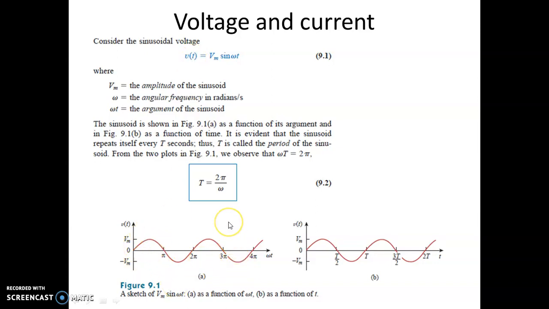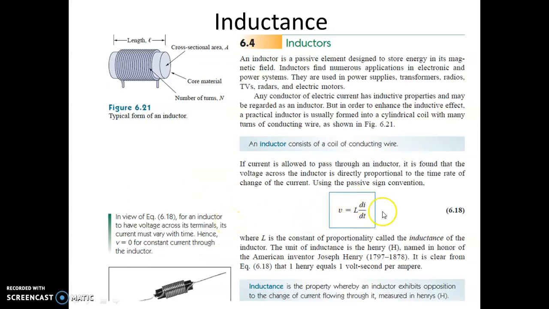With this small knowledge, see the voltage-current relationship. When a current is passed through an inductor, the voltage across the inductor is calculated using the formula V equal to L di by dt. Inductance is a property whereby an inductor exhibits opposition to change in the current flowing through it, measured in henries.